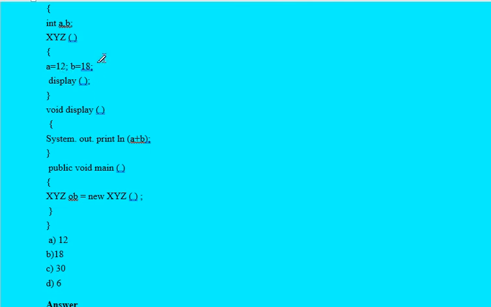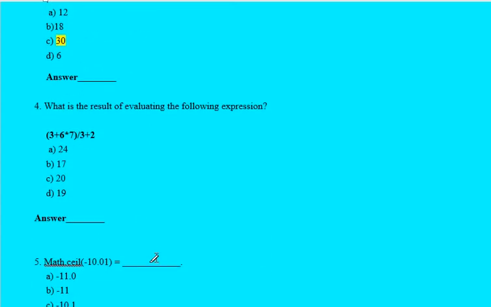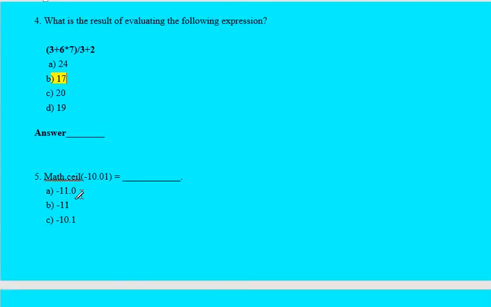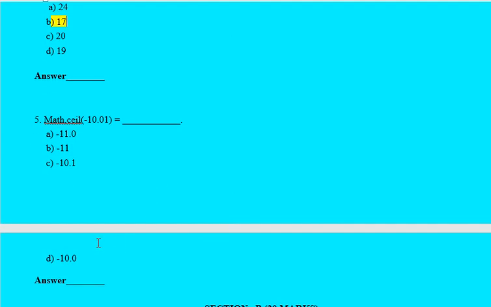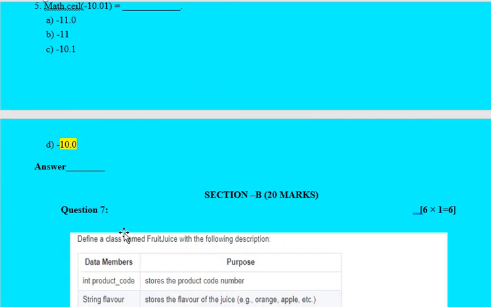Directly it will go with 12 plus 18, so the answer will be 13. What is the result of the following expression? It will be 15 plus 2, which is 17. Math.ceil of minus 10.01 will be, it is minus value, so the answer will be minus 10.0.